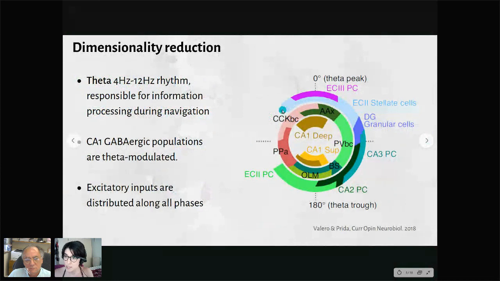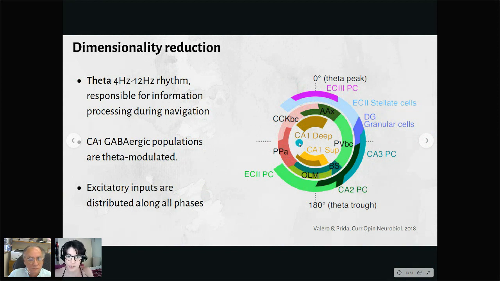In this picture, the outside ring represents excitation, and you can see how excitation covers almost all theta phases, from the peak to the trough and beyond. And the middle ring represents the inhibition, the interneurons, and they are across all the theta phases.